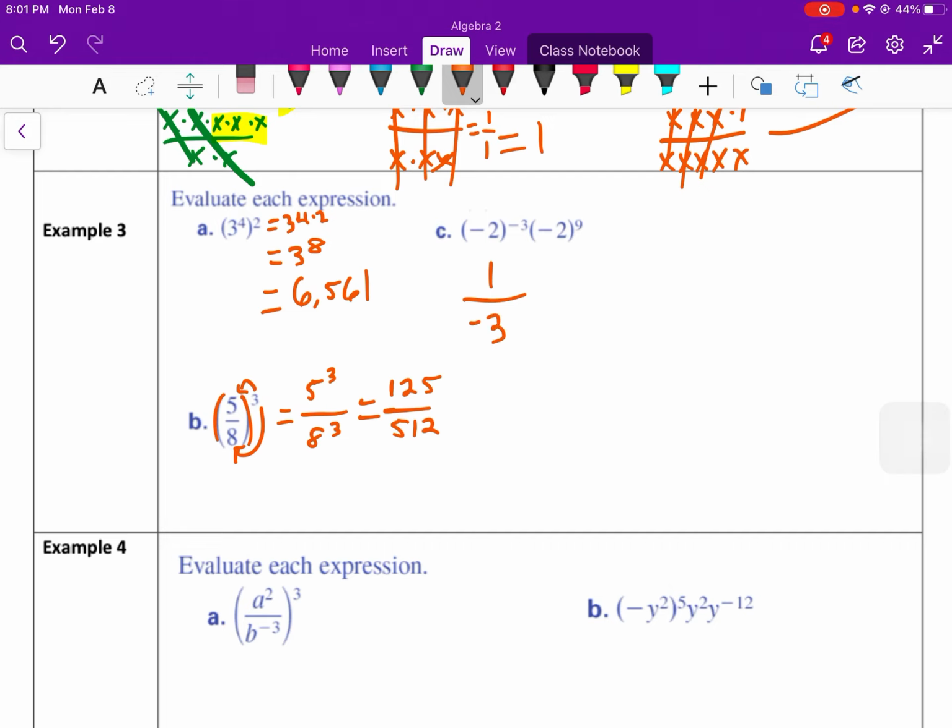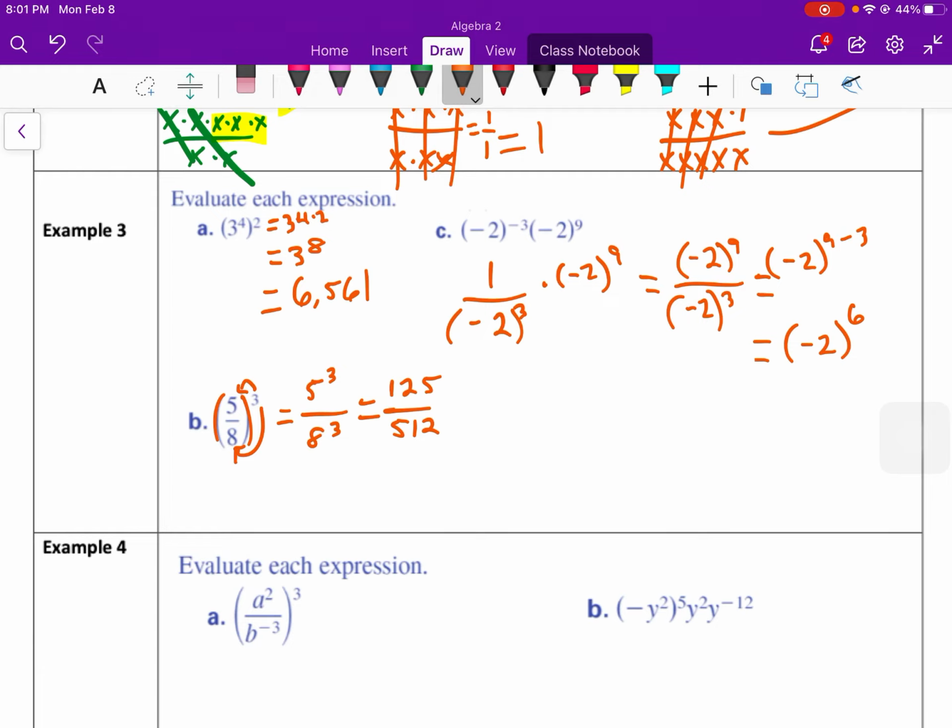So we're going to want to do 1 over negative 2 cubed times negative 2 to the 9th power. So we can rewrite that as negative 2 to the 9th over negative 2 cubed. And actually, I'm going to keep that quantity like that. So now we can subtract, so it's negative 2 to the 9th minus 3. So that equals negative 2 to the 6th.